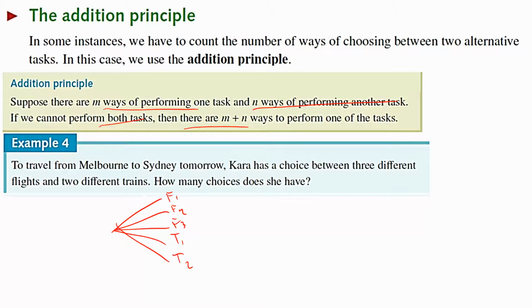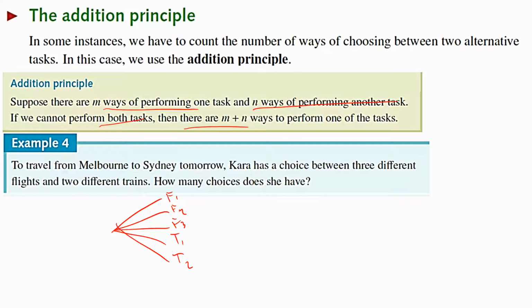They're all separate. You can't do both tasks. You can only choose one of them. So how many different choices do you have? 5. 3 plus 2.